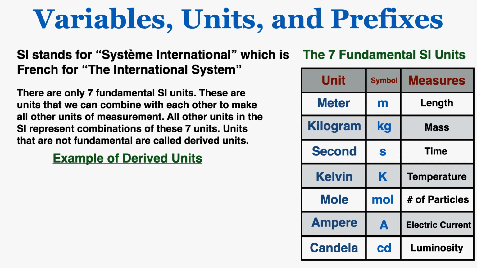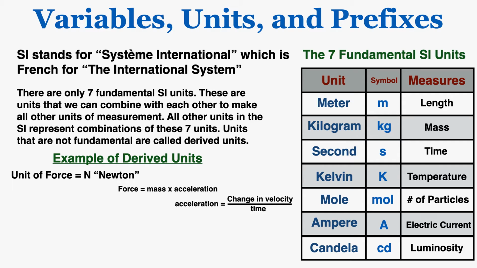I'll give you a quick example of what a derived unit looks like. In physics, we measure force in units of capital N, which stands for a Newton. But this unit is actually made up of the fundamental units, because force is equal to mass times acceleration, and if you don't know that, that's fine. I'm just giving you an example, so I'm just going to have you follow along. Acceleration is equal to a change in velocity over time, and velocity is equal to a length traveled over time.